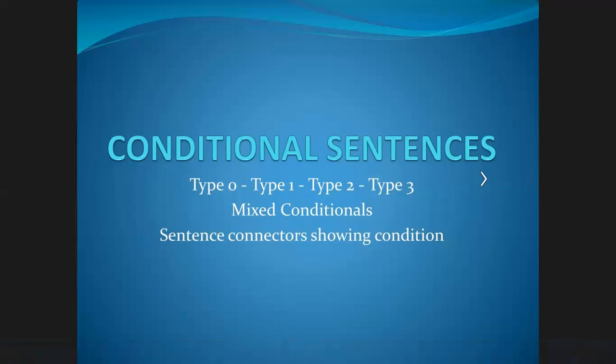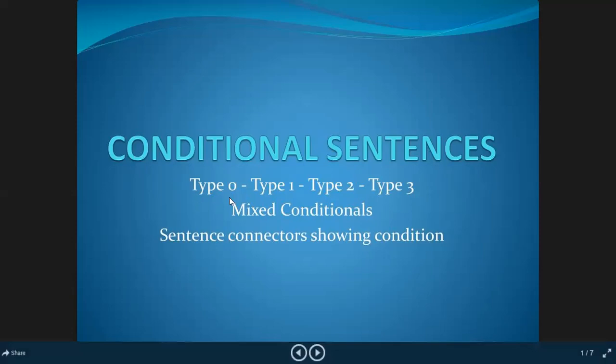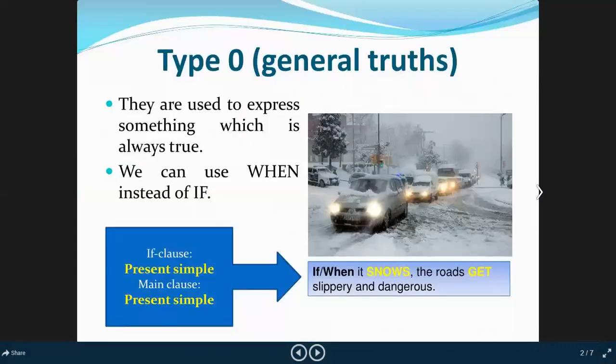This is a conditional relationship where one part depends on the other. And there are 4 types of conditional sentences: zero conditional, type 1, type 2 and type 3.